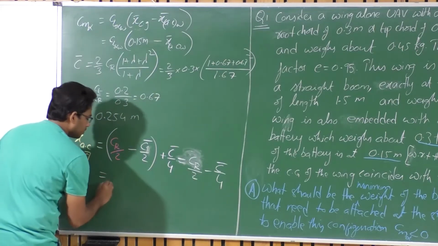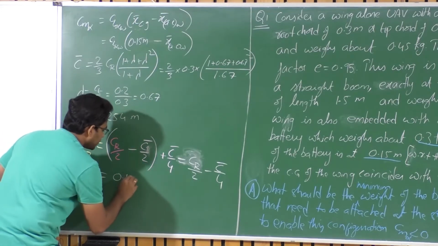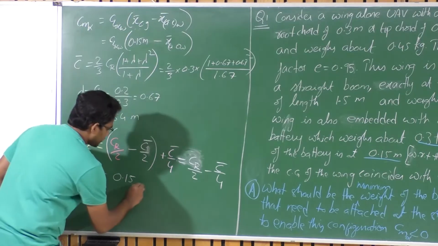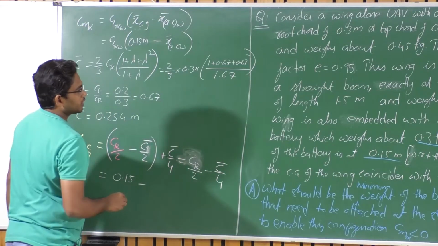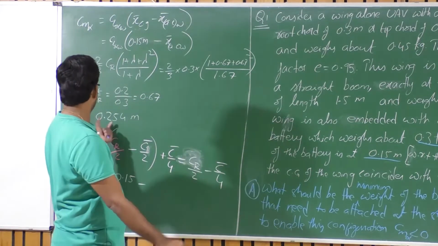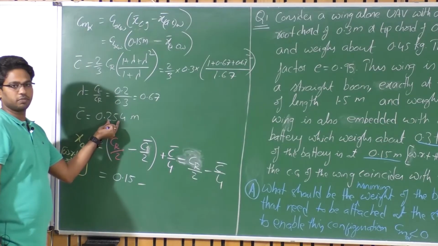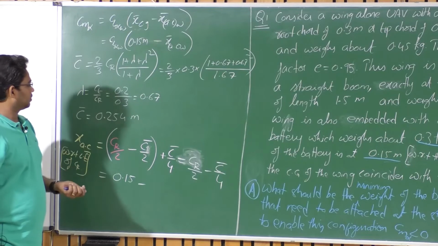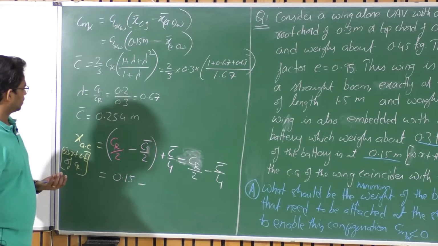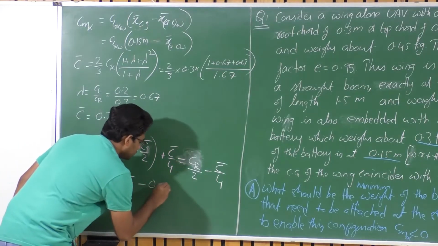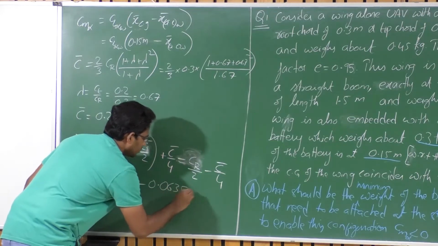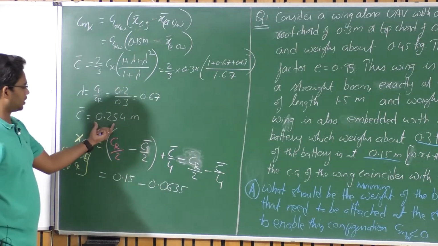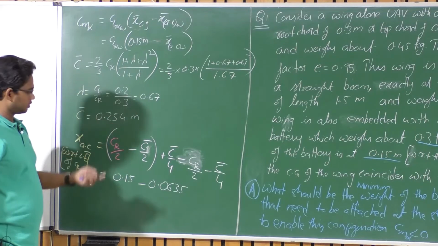So CR by 2 is 15 centimeters, minus C bar by 4. C bar is 25 centimeters, upon 4 is approximately 0.0635. 6 4s are 24, approximately 6 centimeters, isn't it?